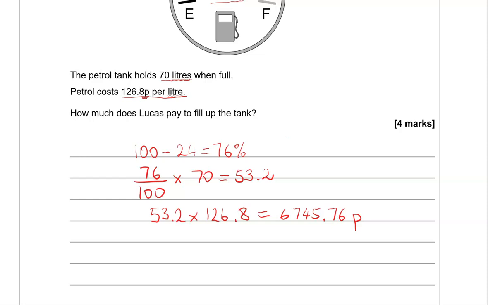Now we're going to need to convert this into pounds because that's what we pay when we go to the shop. So there are 100 pence in a pound, so that means we need to divide this by 100, and we get 67.4576. Remember, we can only have 2 digits after the decimal point when it comes to money, so we're going to decide what we do here.